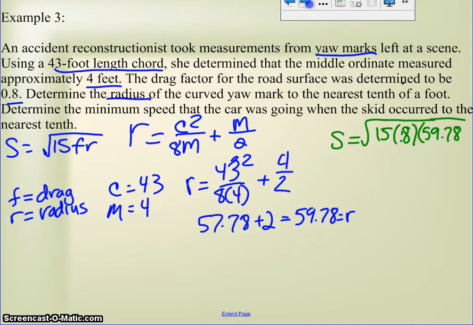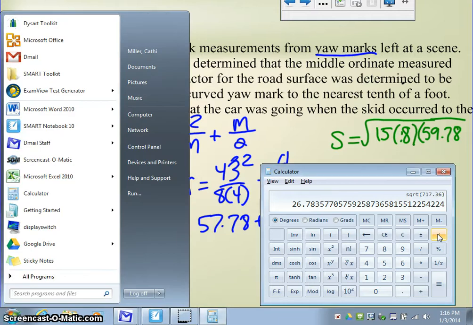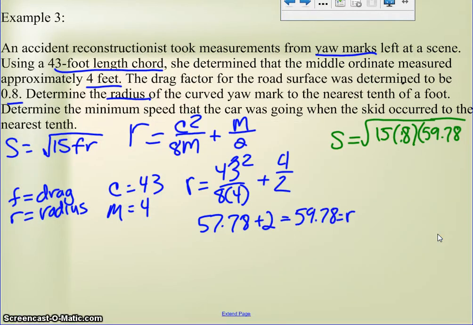So let's go ahead and plug that into our calculator. Clear out that value. We've got 15 times 0.8 times 59.78, and the square root shows that they were going 26.8 miles per hour.